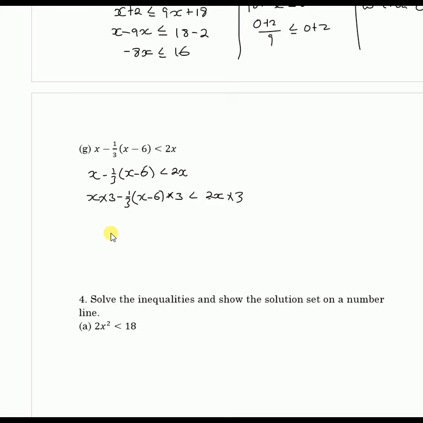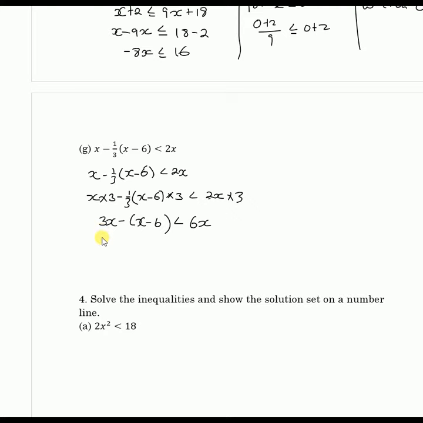And when you do that, you shall have x times 3, that one is 3x minus, this 3 is going to cancel with that 3, and what we shall remain with is just the bracket (x minus 6), and the whole thing is now less than 6x, because 2x times 3 is 6x.